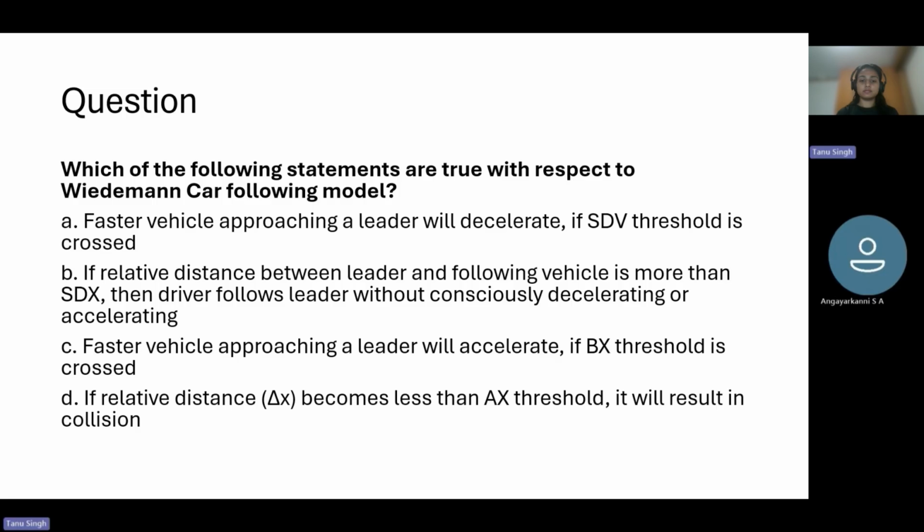Then, a faster vehicle approaching a leader will accelerate if the BX threshold is crossed, and if the relative distance delta x becomes less than the AX threshold, it will result in collision.